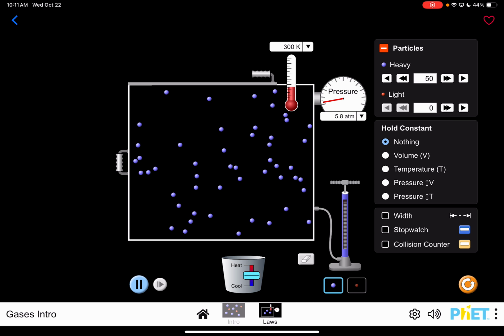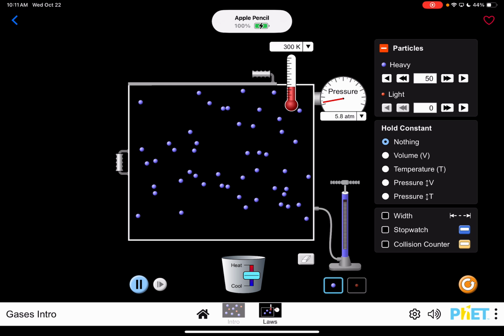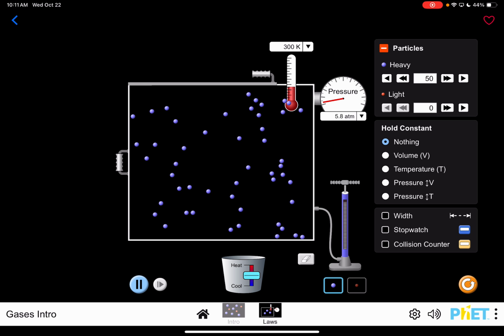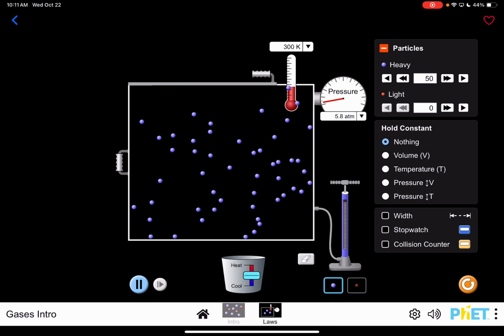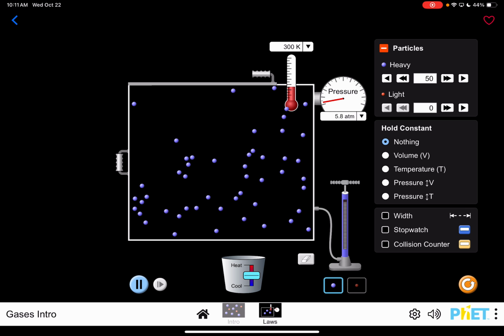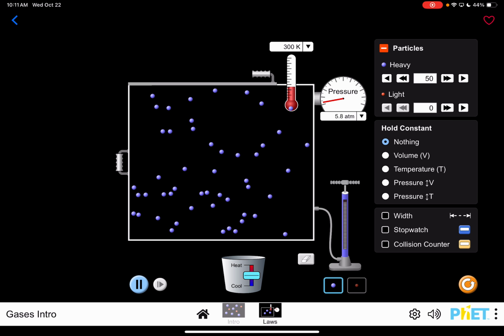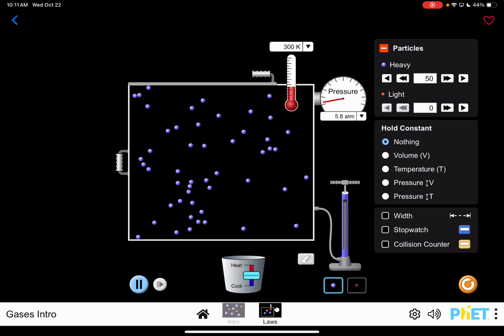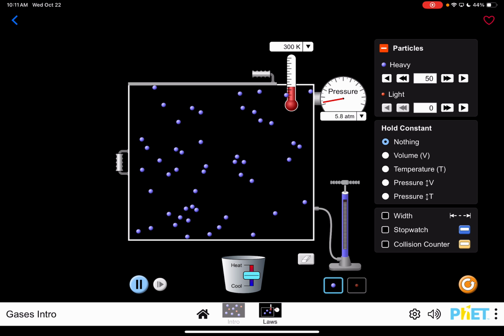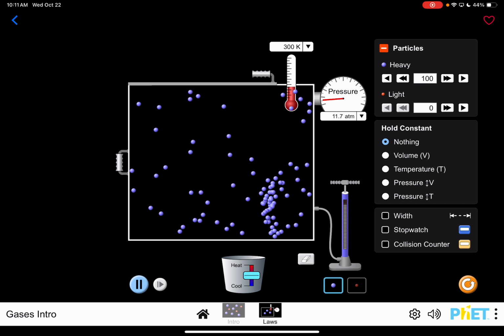When they hit the container, they apply a pressure, and that pressure is applied over a particular area of the container itself. So if I add more particles, I'm going to pump the little thing one more time. I want you to see what it does to the pressure, but I also want you to think conceptually why that's the case. I'm going to add more.